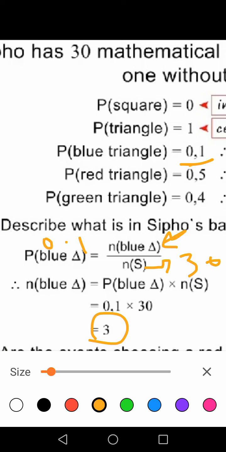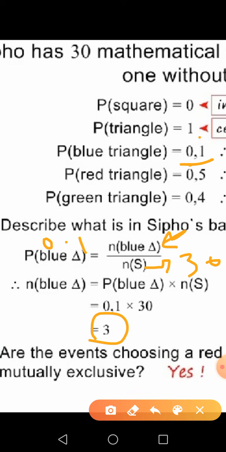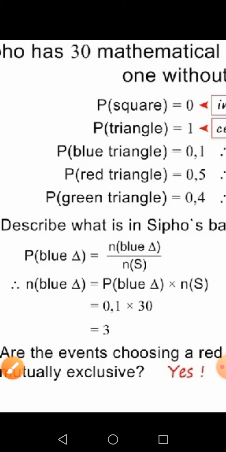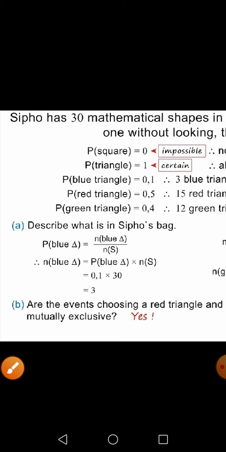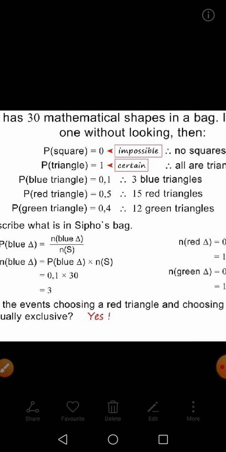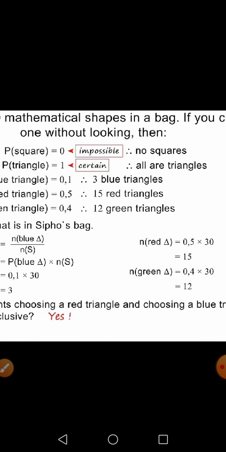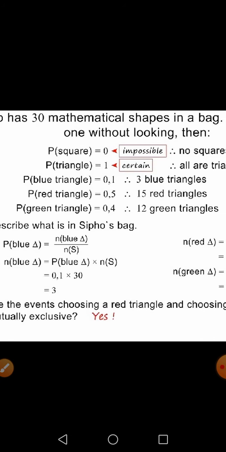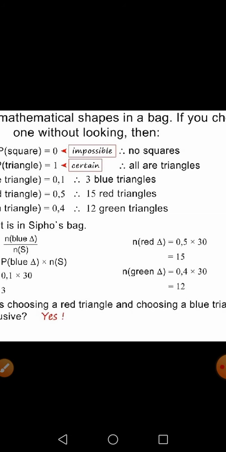You got it? And so on. The number of red, amazing, the same. I will write the probability of red here equals 0.5 multiplied by the number 30 to get 15. The number of green, amazing, so on. 0.4 multiplied by 30 to get 12.